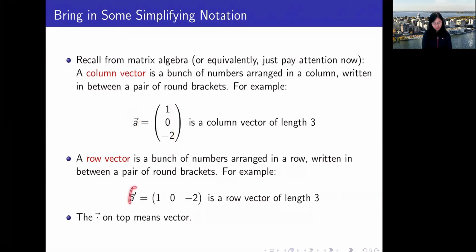And here, in this notation, we have vector A with a prime on it. That is read as vector A prime. Vector A prime is the transpose of the vector.